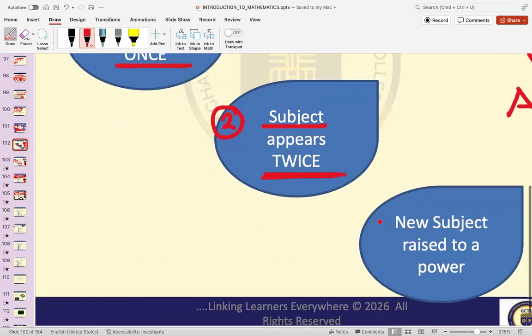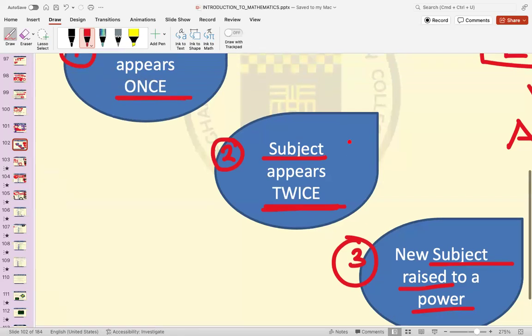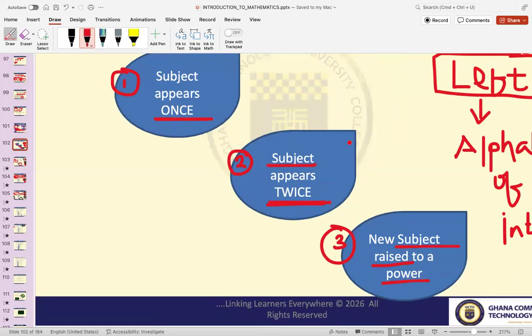When we finish, we'll look at the third form, whereby the subject will have to be raised to a certain power, and you need to bring the power down to be able to let the subject stand alone. So those are the 3 forms we are looking at.